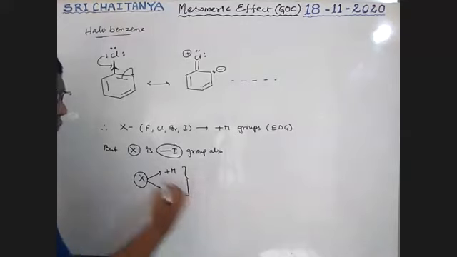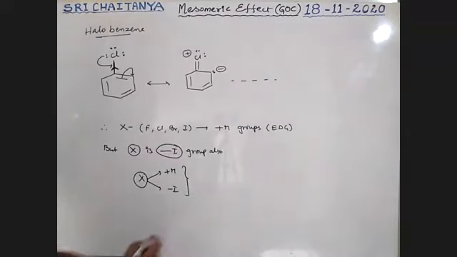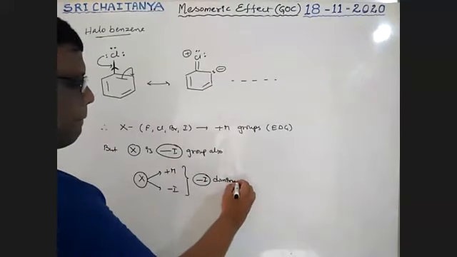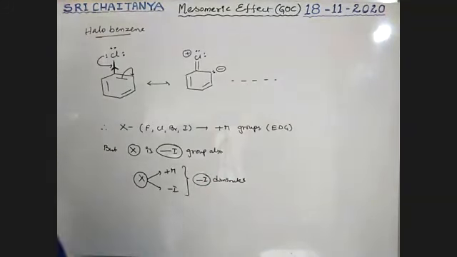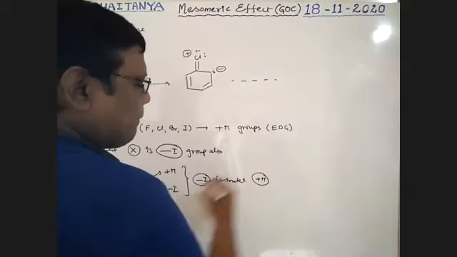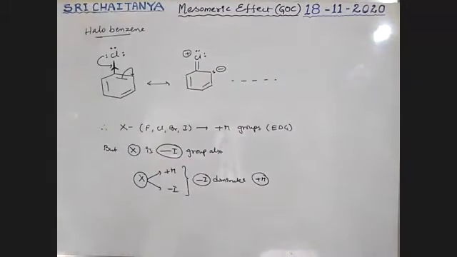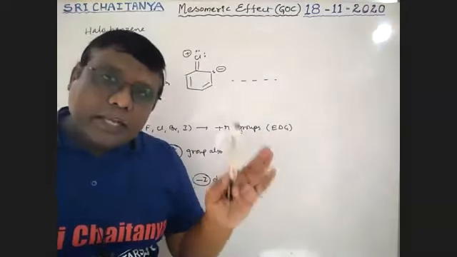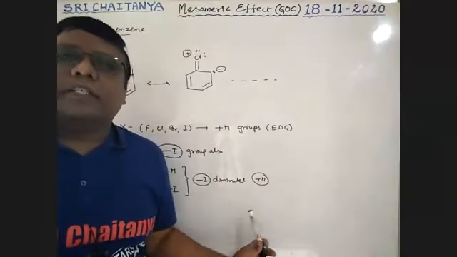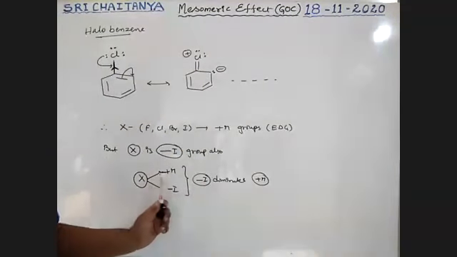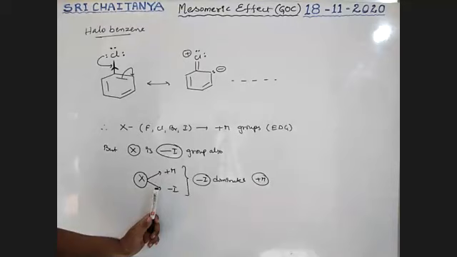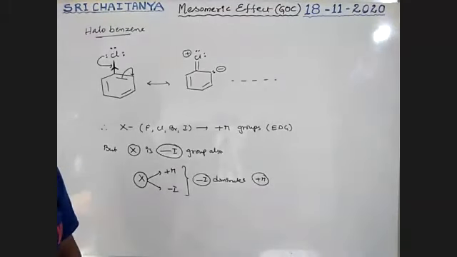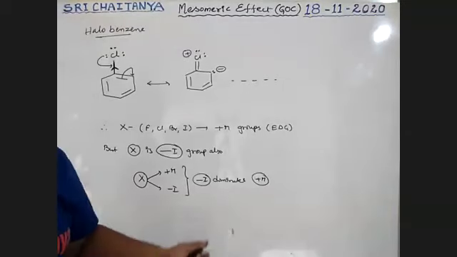Among these two, minus I dominates plus M. In case of halogens, it is very, very important. In case of halogens only, this is applicable. So for halogen, minus I dominates plus M, because of its highest electronegativity.